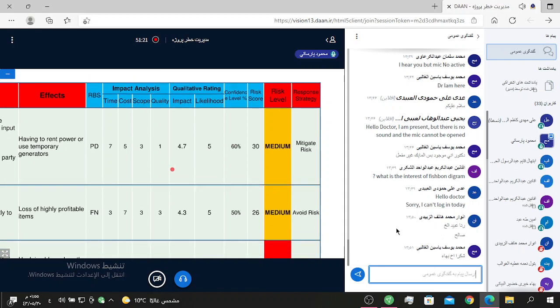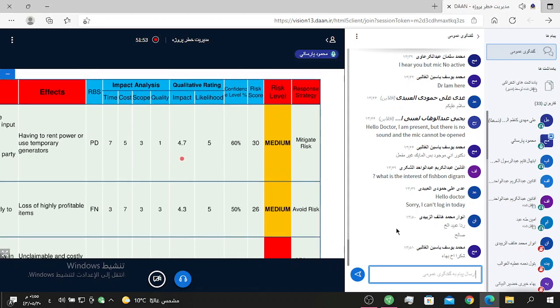And the next column is confidence level about that risk, and the last number is risk score or risk number, by multiplying 5 by 60%, for example.